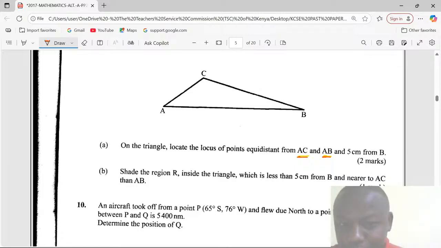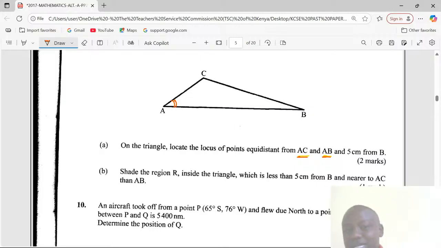Which loci are we talking about? A locus of points which are equidistant from two given lines. That means it is the angle bisector of the angle where the two lines meet. AC and AB meet at A. So when we bisect the angle at A, that line will be the locus of points which are equidistant from both lines.